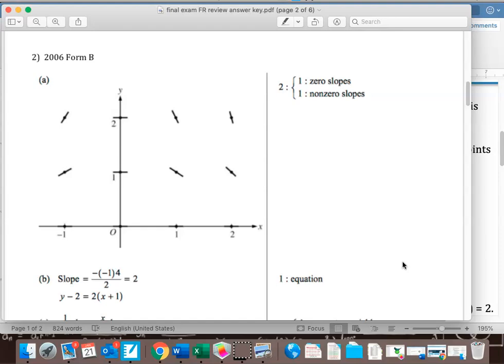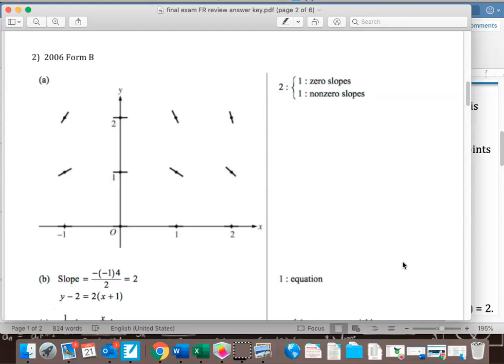Seems good. Tangent line. What 2 things do we need for a tangent line? A point and a slope. Is the point given? Yes? Okay, the point is given. Where do you get the slope from? The differential equation.